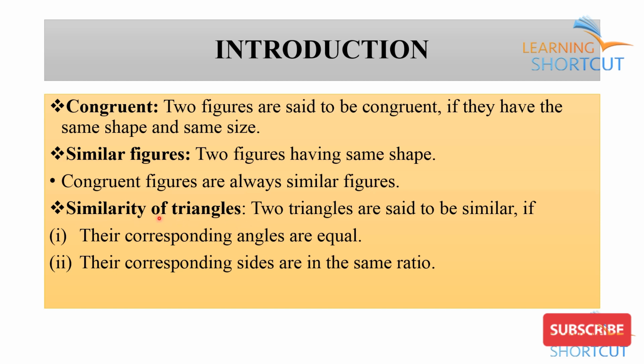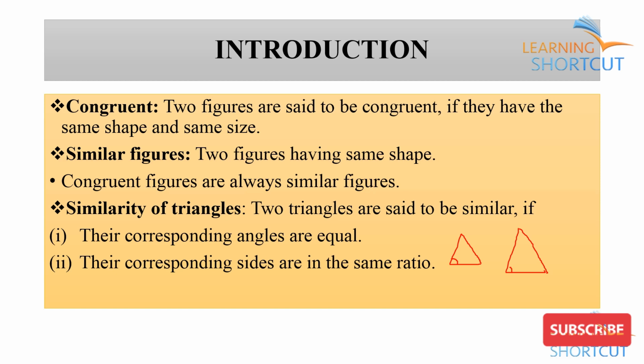How will you find out if there is a similarity between two triangles? Two triangles are said to be similar if their corresponding angles are equal. If you are considering two triangles, this triangle has ABC and this triangle has PQR, then this angle will be equal to this angle.